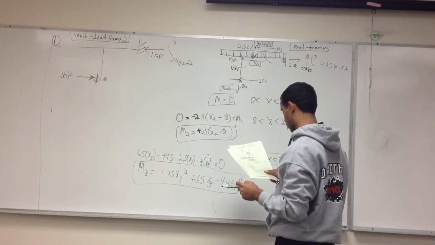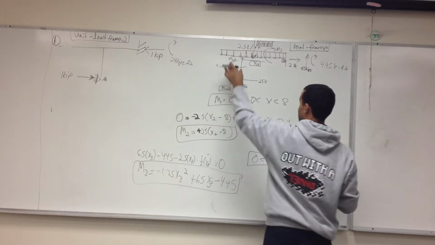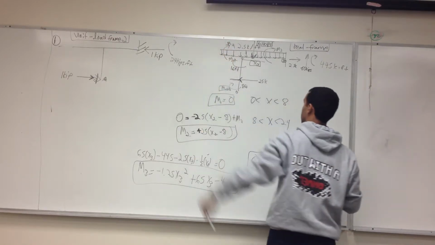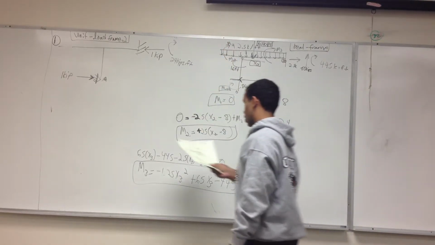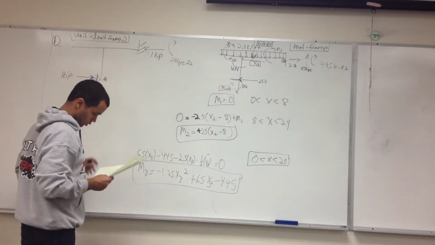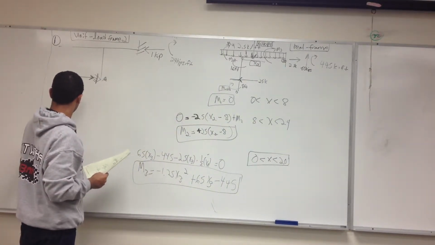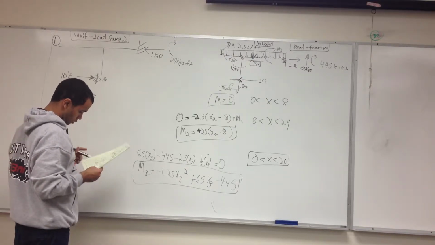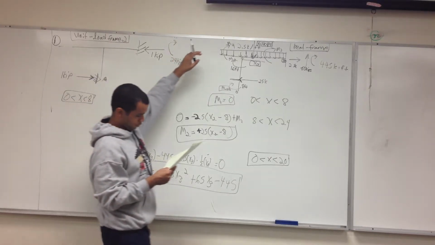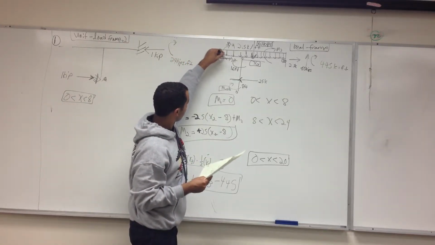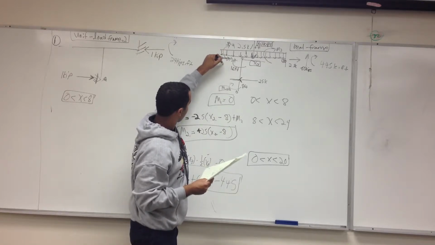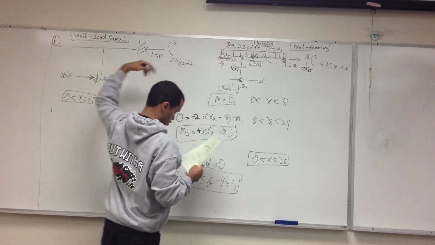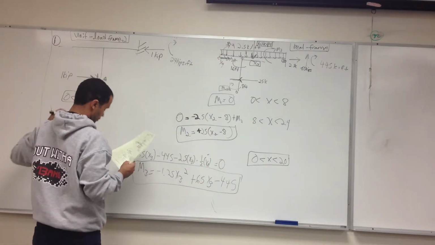which is in the range of 0 to 8, and that takes place here at the overhang. So we have M4 over here, and I will be writing this on this part of the board. From 0 to 8, we have that 2.5 times x4 times x4 divided by 2, which is the lever arm.